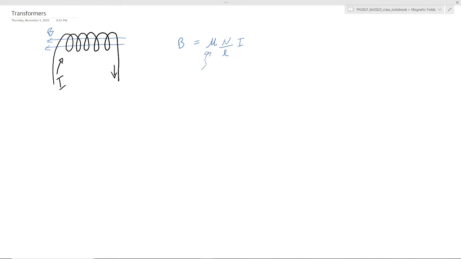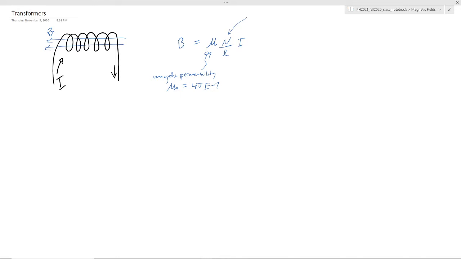So just to label these pieces, this is the magnetic permeability. And just for reference, if you don't have any sort of metal ferric core, this would have a permeability of free space, which is 4 pi times 10 to the minus 7.